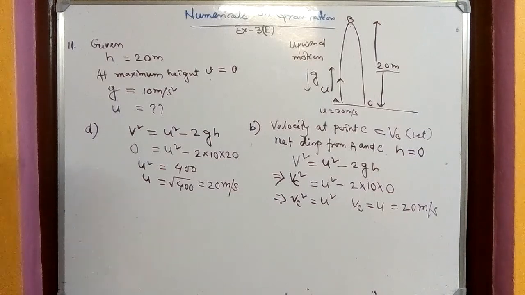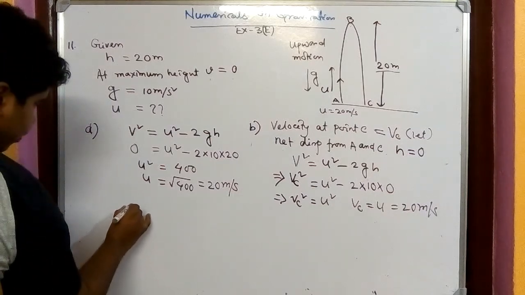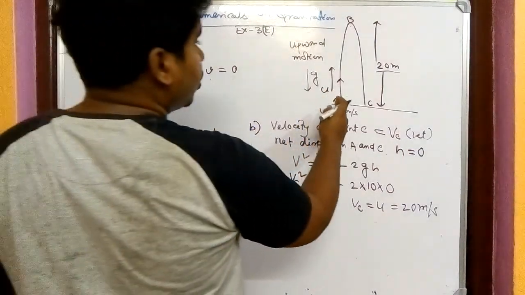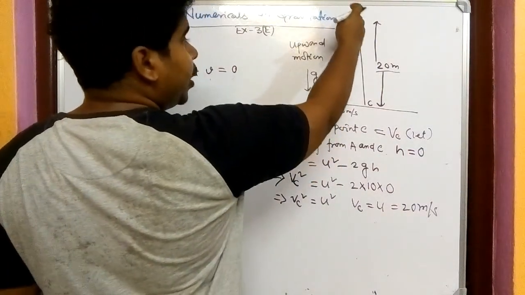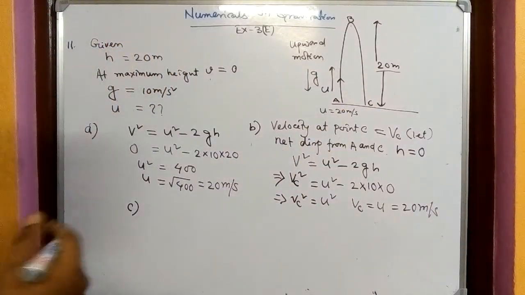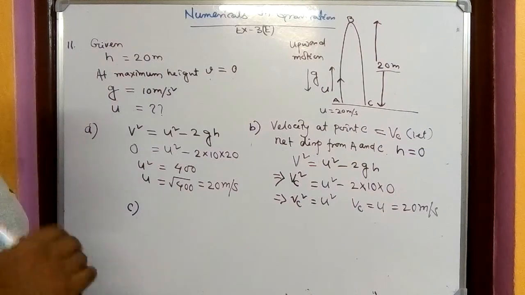Now we're coming to the next part, that is part C: the total time of journey of the ball. Total time means you reach from point A to B and then from B to C. Now you can do it in two different methods.